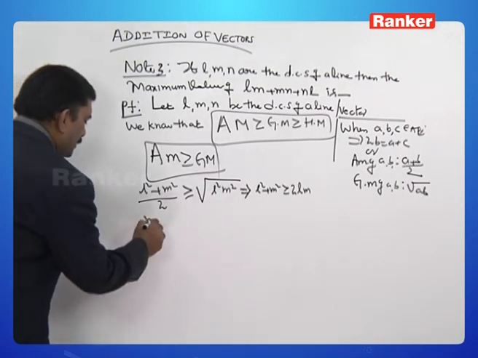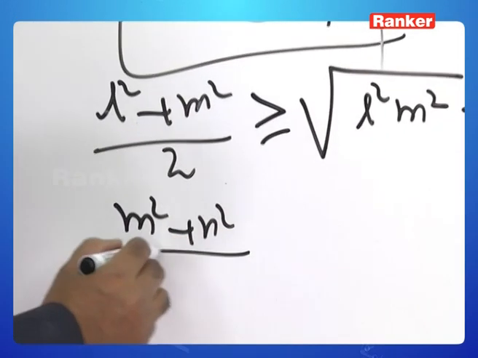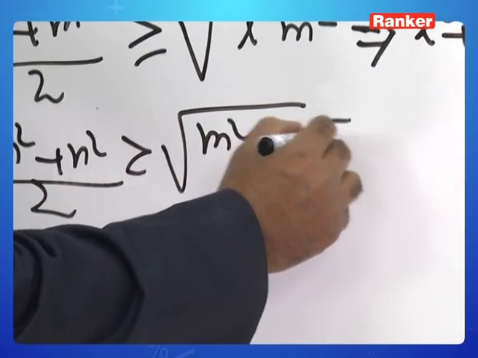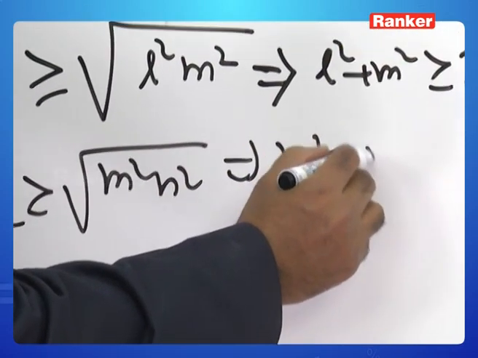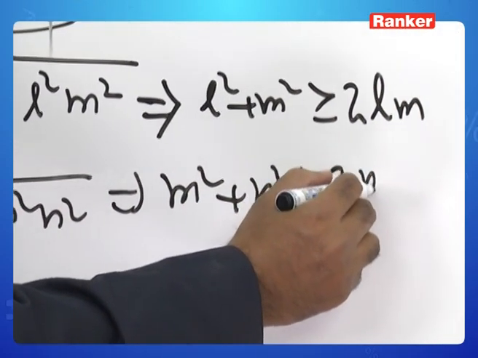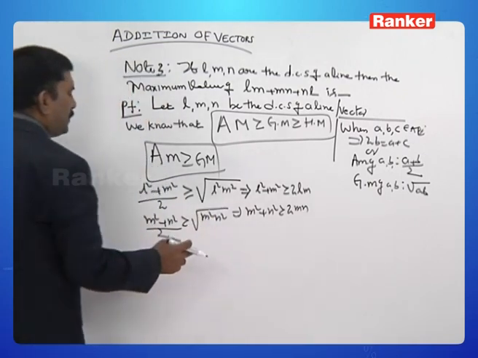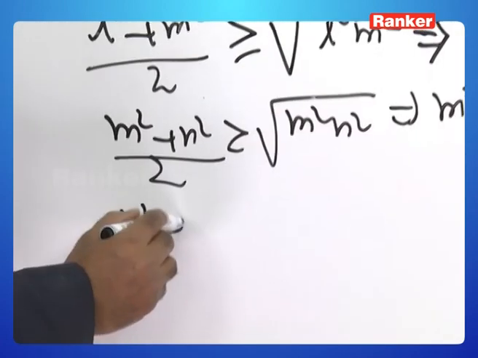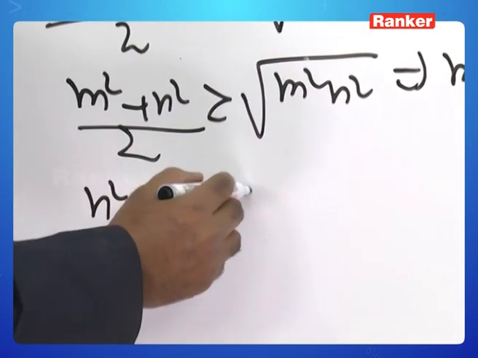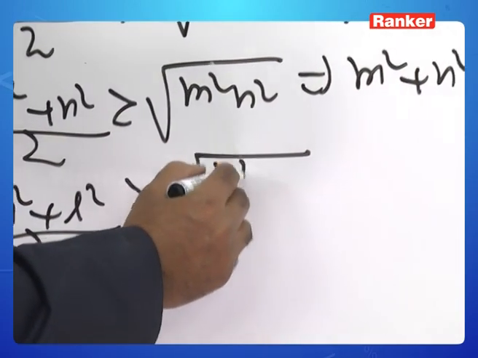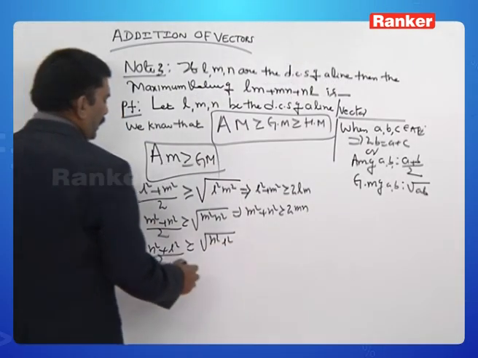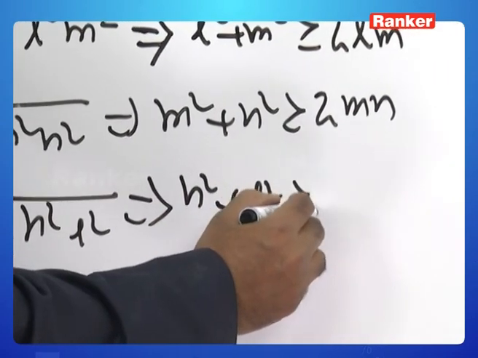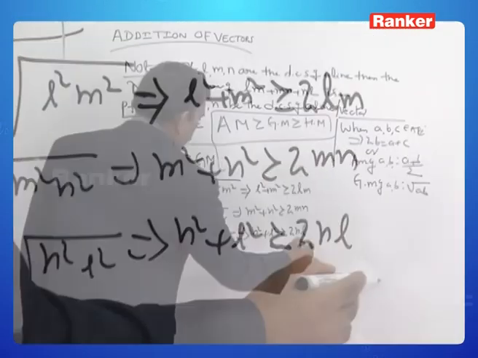Next, (M square plus N square)/2 is greater than or equal to square root of M square N square, so M square plus N square is greater than or equal to 2MN. If they come out from the square root, it becomes MN. Now (N square plus L square)/2 is greater than or equal to square root of N square L square, so N square plus L square is greater than or equal to 2NL.